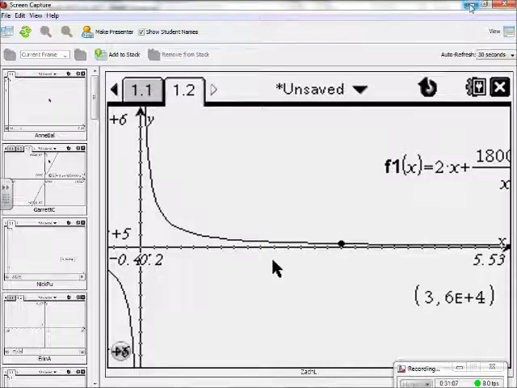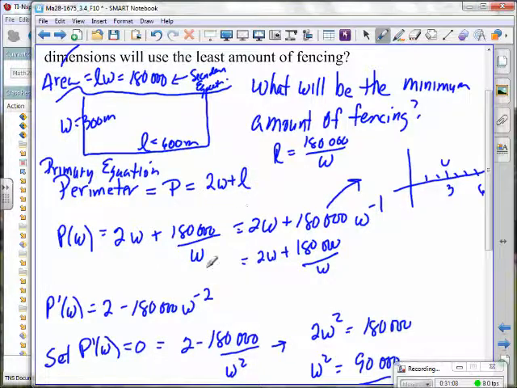Let me go back. I got a little lost in the problem, I think. This is the perimeter, right? Okay, so as we went farther out, the perimeter was actually going closer and closer to 0.